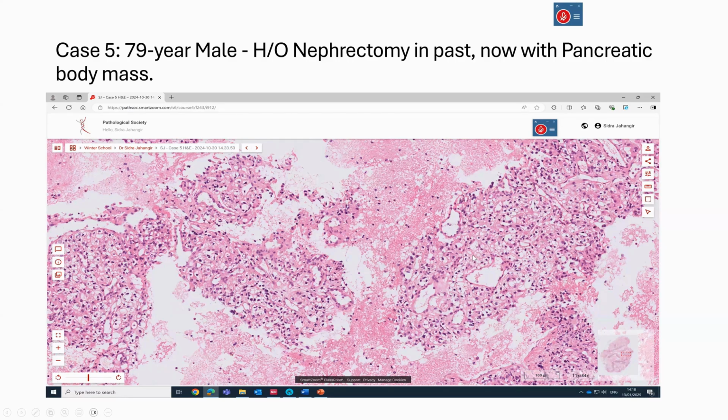Maybe there is a small tumor sitting in the kidney and physicians are not aware of it, and the patient presents upfront with the metastatic disease. So in this case, we have the history and we have the characteristic morphology: clear cells, small nuclei, abundant clear cytoplasm, rich vascular structure.